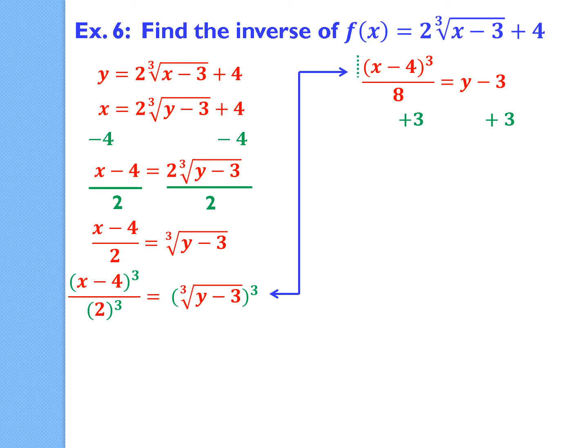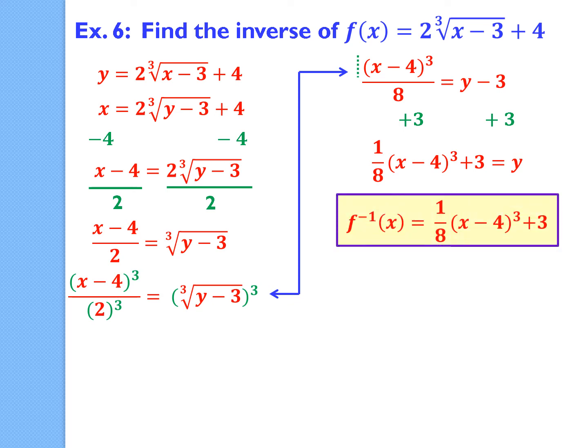So in the process of adding 3, I'm also going to pull that fraction, that 1/8, out front. So that way it is 1/8 times x minus 4 cubed plus 3 equals y. Now, of course, we probably want to switch this back into proper inverse function notation. So we have the inverse of f of x equals 1/8 times x minus 4 cubed plus 3.